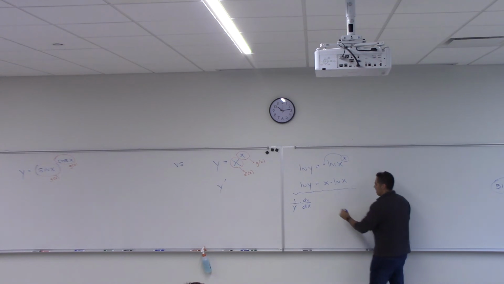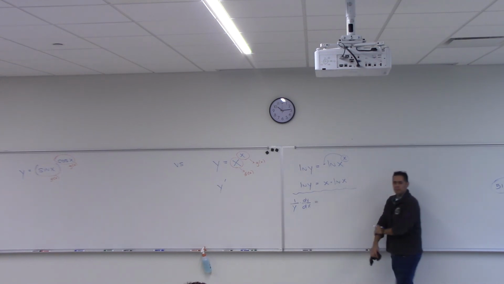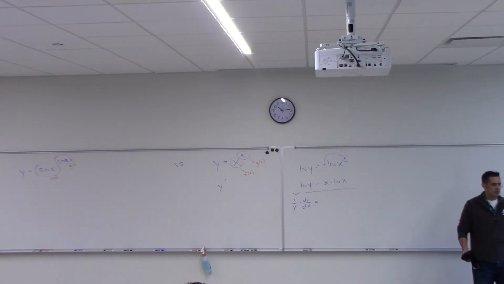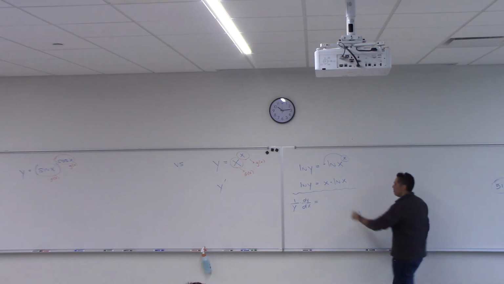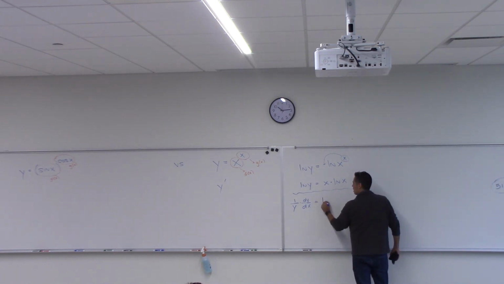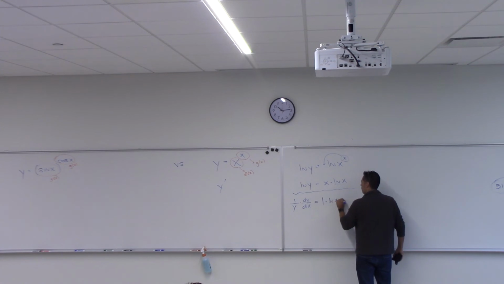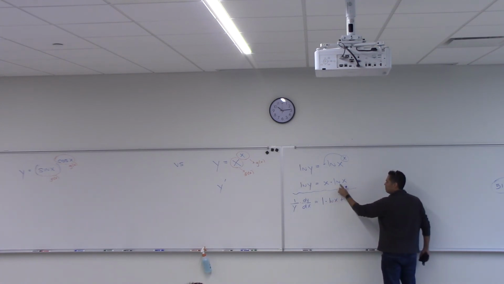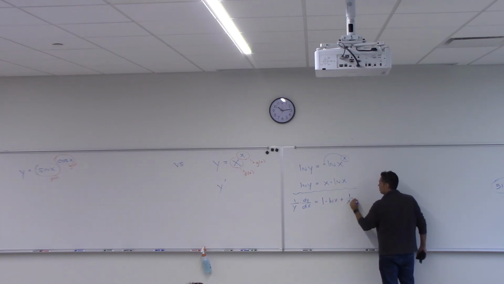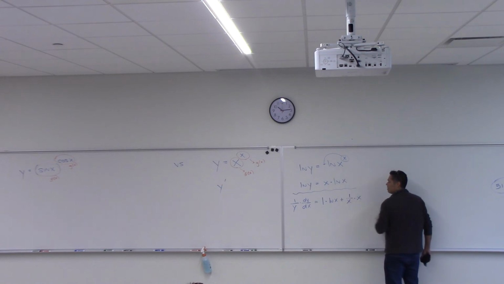And the right side, how are you going to take the derivative over here? Product rule. That's just a good old product rule. It's the derivative of the first one times the second one plus what's the derivative of the second one? What's the derivative of natural log of x? 1 over x times the first one.